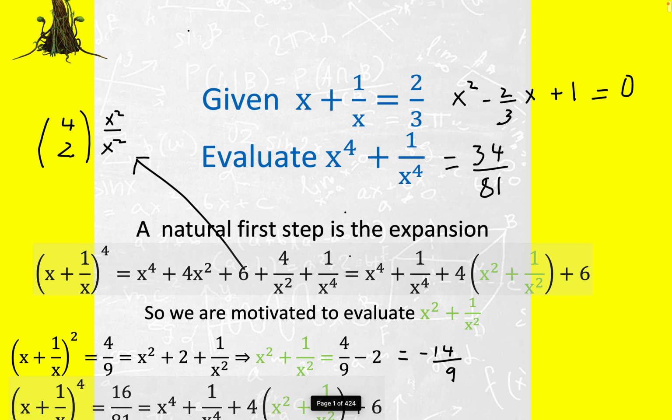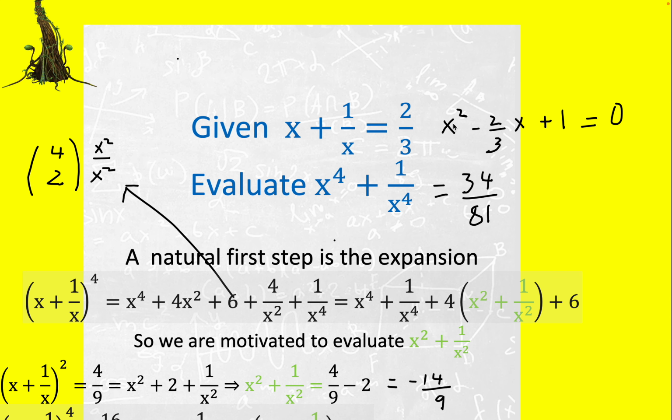You wouldn't think you had to go to this much trouble, but it seems to be a lot of work to actually find the complex solutions. There's two of them, of course, and then substitute them back in here, and both of them will give the same answer. It works out because of the nature of complex numbers. It's going to work out the same. Period. But anyway, that's it.